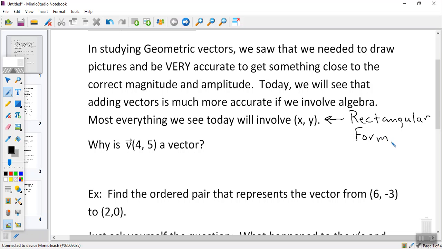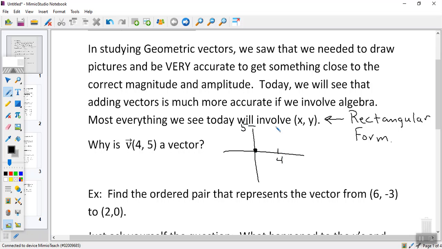So guys, why is 4, 5 a vector? How would you describe this vector? If I said 4, 5 is a vector in rectangular form, what would that look like in a coordinate plane or a rectangular plane? From the origin to 4, 5. So anything in standard form is going to start from the origin, from 0, 0, and move to the point right 4, and up how much again, Christian? 5.